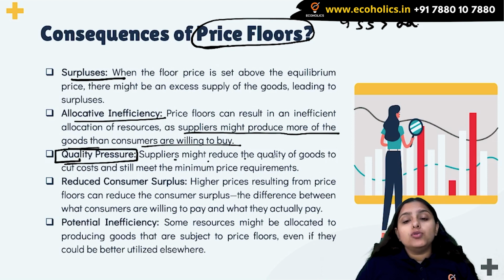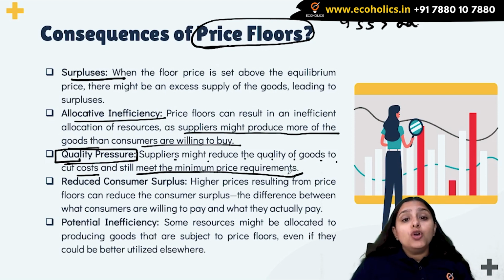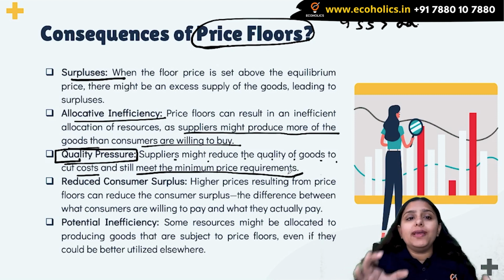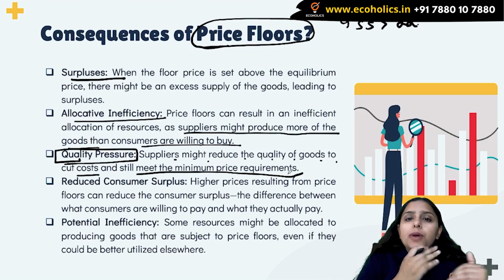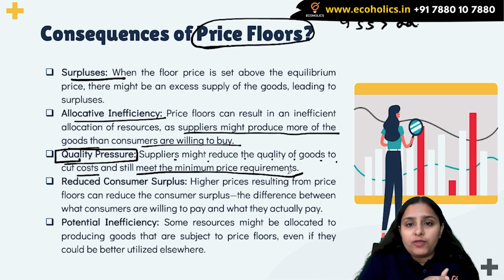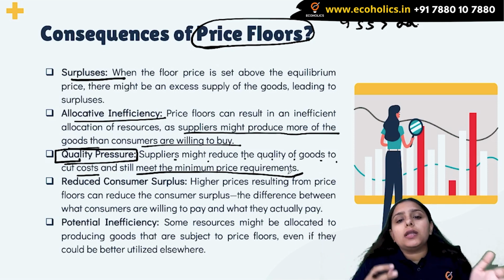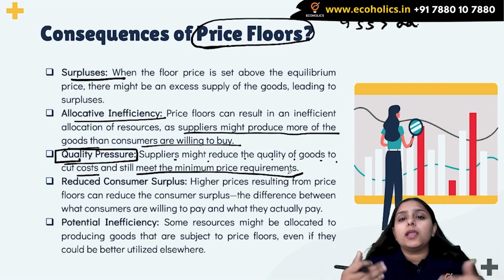Suppliers might reduce the quality of the goods to cut cost and still meet the minimum price requirement. For example, there is a producer who will be getting this price, that's the minimum price you're going to give them. Now with that minimum price paid, what they want is to reduce the quality of the goods. Why? Because in that case, they will cut their cost, and eventually will gain more.